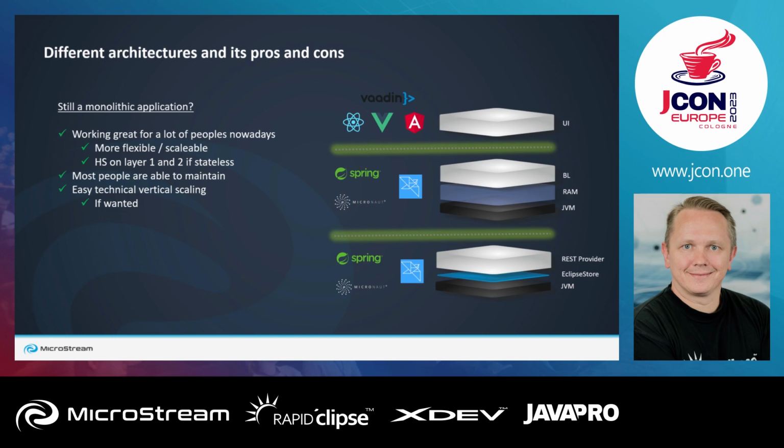And there is one important thing on layers 1 and 2: they are stateless. That means there is no information within those applications that defines a state. And in that case, that makes it possible to scale them horizontally. That means we could have millions, or thousands, or hundreds of nodes.